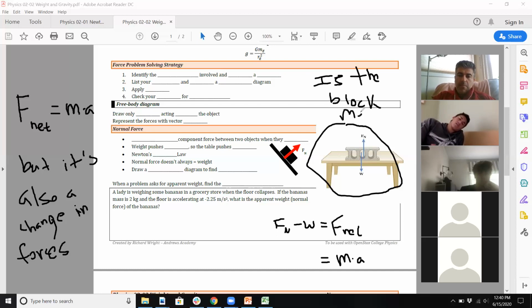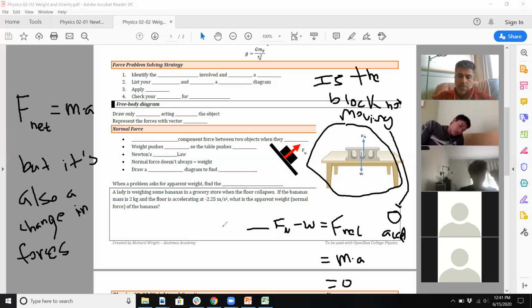So the block is not moving, so you have 0 acceleration. That means that Fn minus W equals 0. If that is true, then Fn equals W in this case.